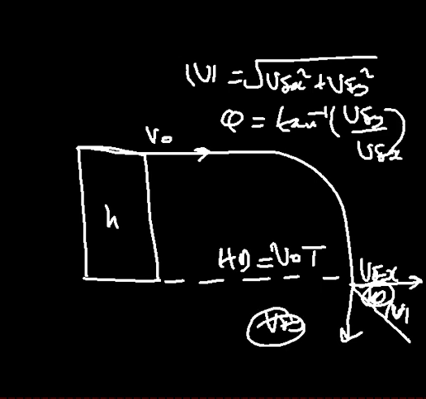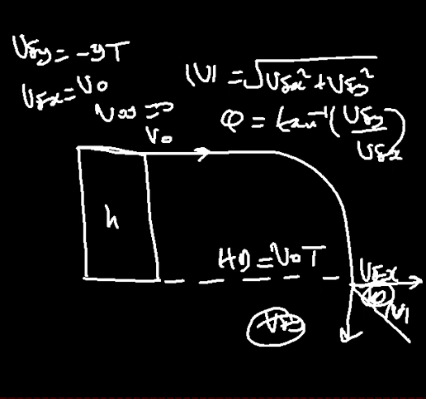The final velocity along y is Vfy equal to negative g times the total time, because the initial velocity along y is 0 here. And the final velocity along x is Vfx, which is the same as the launch velocity.